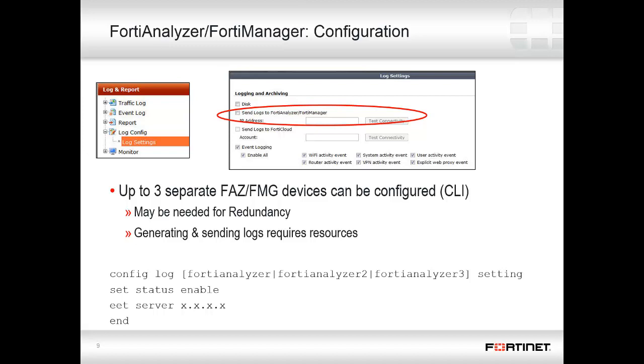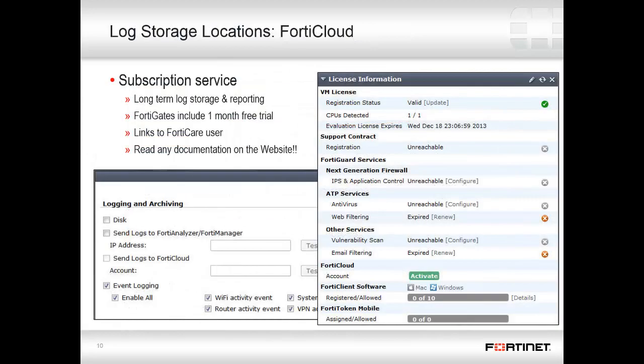The option in the GUI only relates to the CLI equivalent config log fortianalyzer setting and not numbers 2 or 3. You may need a setup like this for redundancy or some other requirement. Keep in mind that generating logs requires resources. How much sending to multiple locations like this will impact your resources depends on how many logs you're creating.